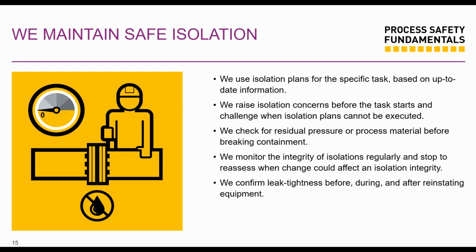They want to use a double block and bleed to isolate, and they only close one side of the double block and bleed. And then we have back pressure when a line is opened downstream, and you have a loss of containment. The crew suffer burns, or whatever is in that line spills on them.